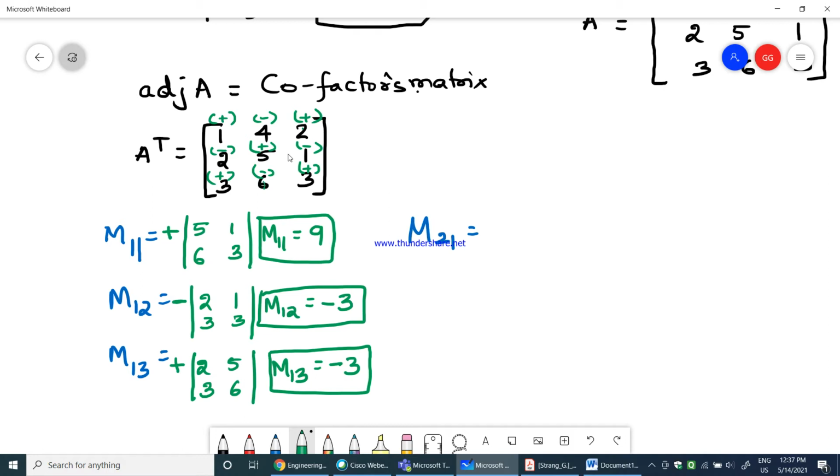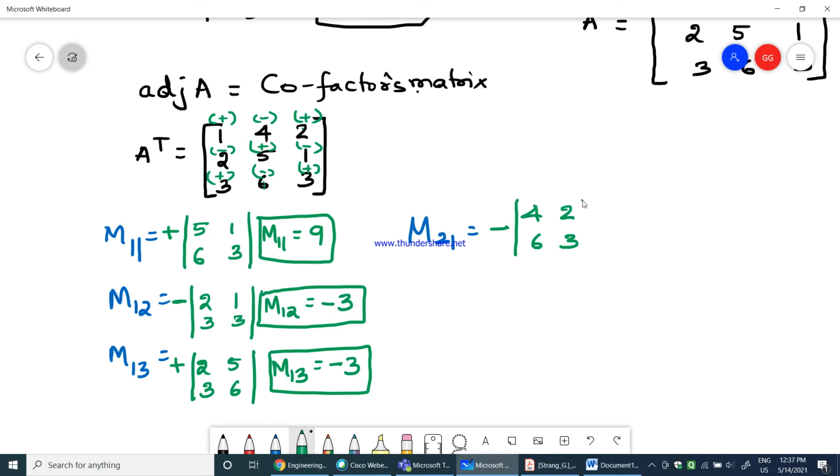Now we will go with the second row, with the element 2. I will say negative of the determinant, because it is minus, plus, minus that we consider now. For this 2, leave this row and this column. Then the left out elements are 4 2, 6 3.